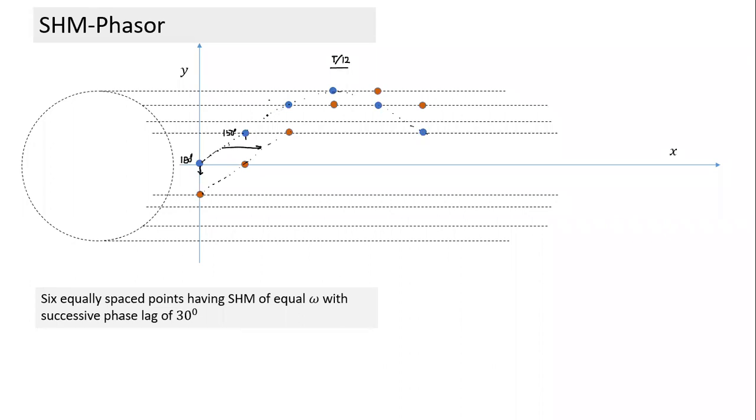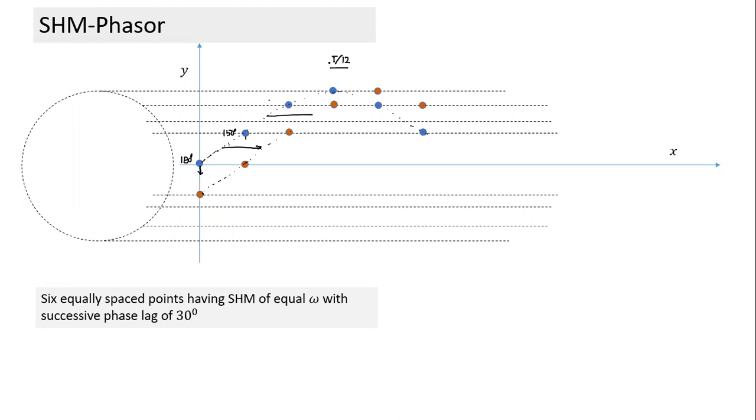Has the particle moved towards the right? No, the particle has not moved towards the right. Particles are undergoing SHM in the vertical direction. But if all particles are at equal distance and the phase difference is also equal, they'll form a continuous series of particles, like a rope or a string.